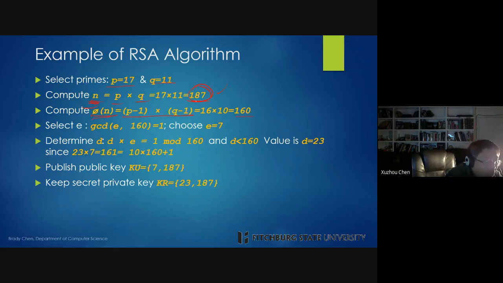If they cannot factor n, when they try to figure out what phi of n is, they need to check each number, 2, 3, 4, 5, all the way to 186, and figure out whether it is relatively prime to 187. Then you can find all the numbers that are relatively prime to 187, and then you can find the phi of n, which is 160.